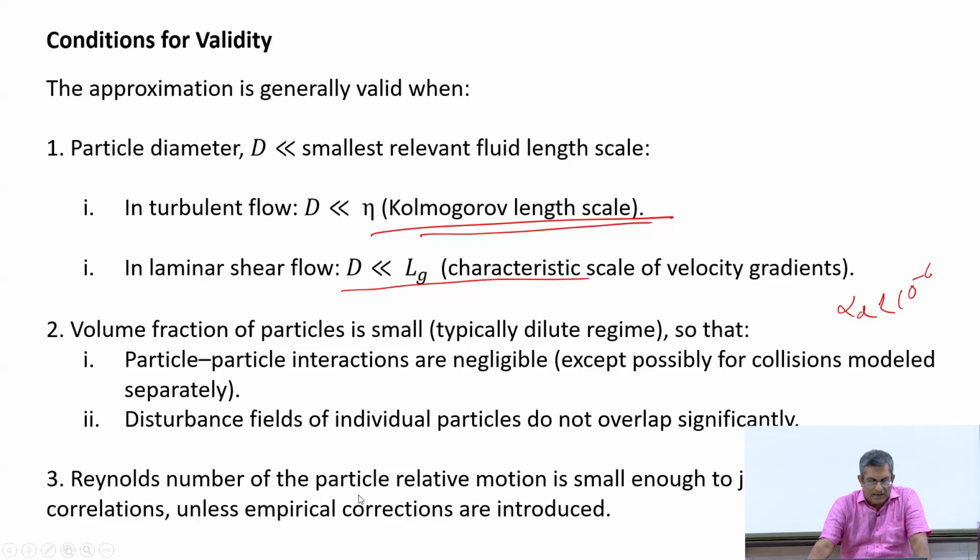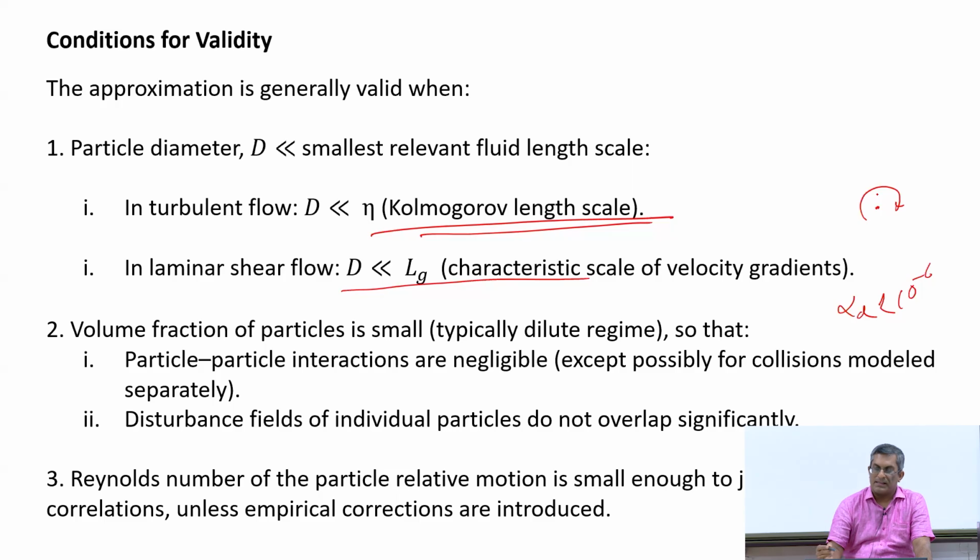And finally, the Reynolds number of the particle relative motion is small enough to justify simplified drag correlations, unless empirical correlations are introduced. So, imagine the particle is smaller than the Kolmogorov scale.